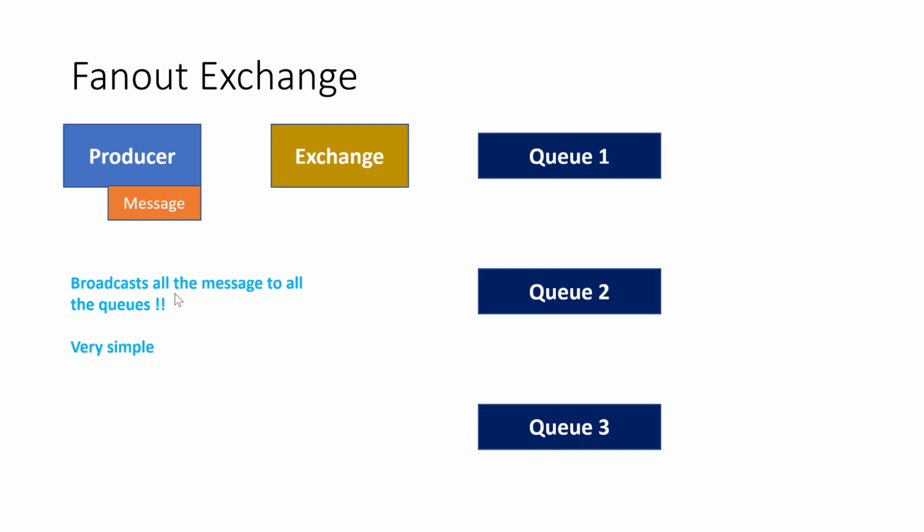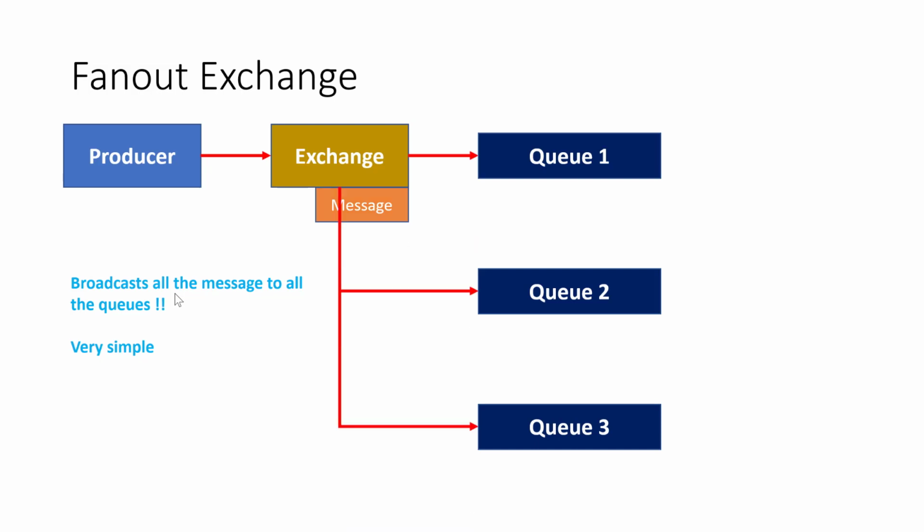The producer produces the message and sends it to the exchange. In this fanout exchange, the exchange simply broadcasts the message to all of the queues, and this is the simplest exchange type.